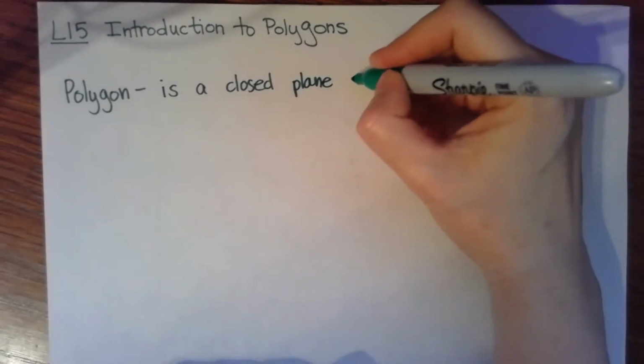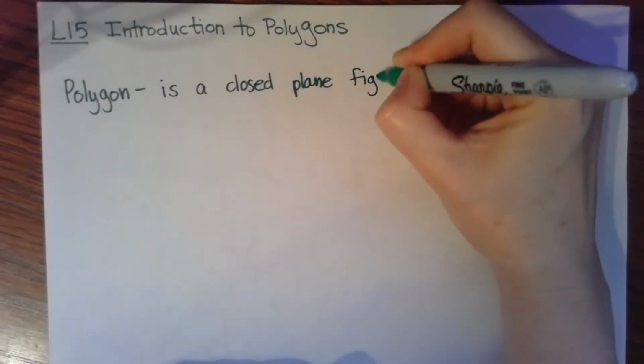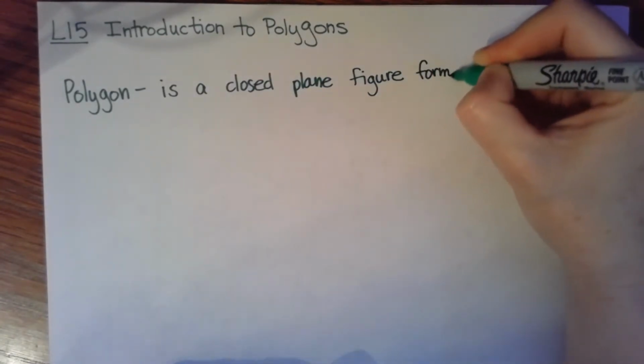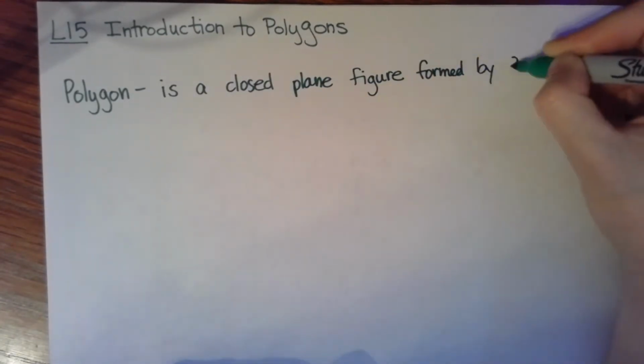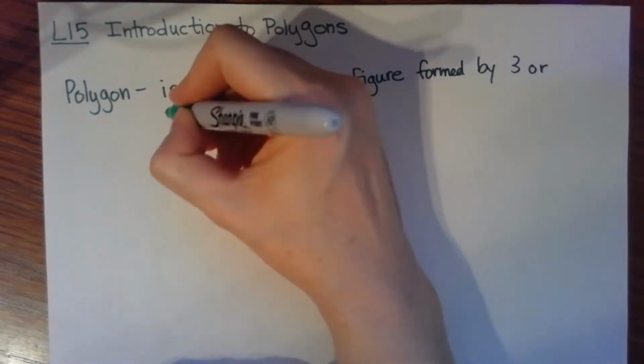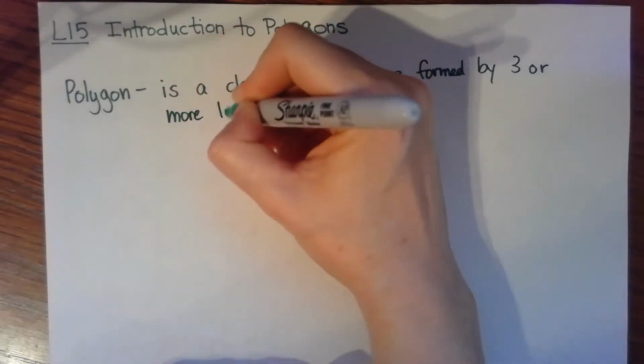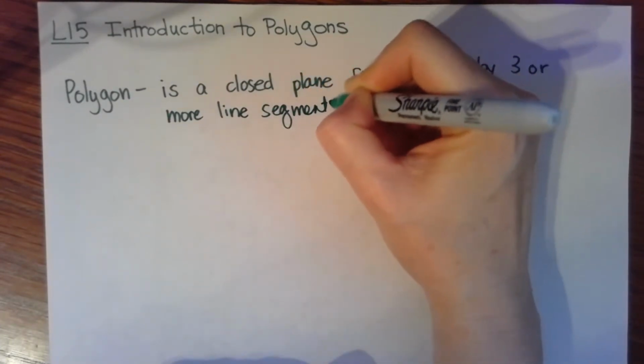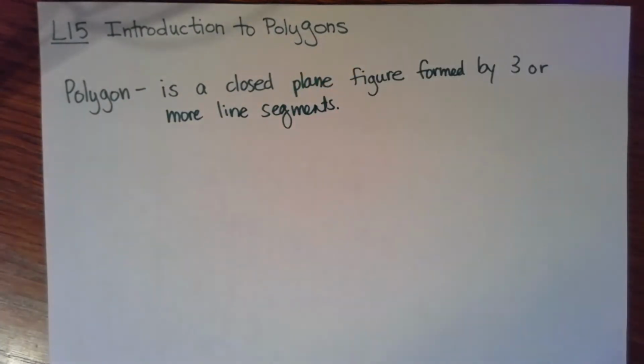So it's a closed plane figure formed by 3 or more line segments. Okay, so that is the definition of a polygon. So it's closed, it's a plane figure, and it's formed by line segments.